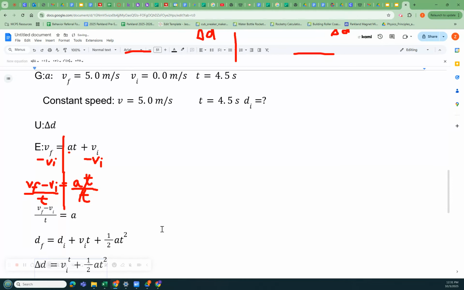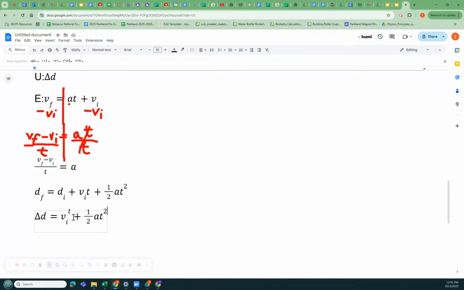And if you want, you could simplify it even further because VI is 0. Therefore, the VIT part of this doesn't matter because 0 times anything is 0. So really, it's just half AT squared. And that'll get us the first distance.